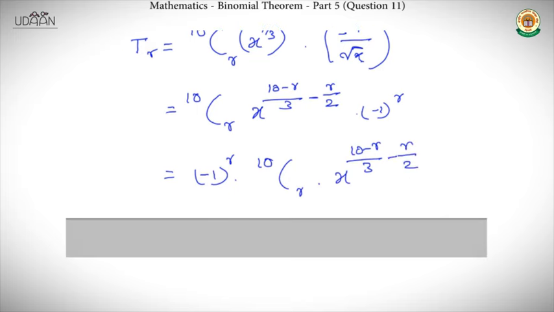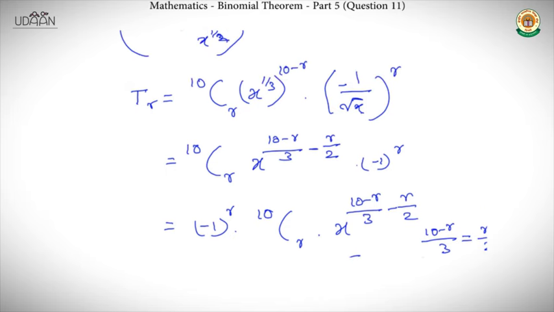Since we want the term independent of x, we set (10 minus r) by 3 equal to r by 2. So 20 minus 2r is equal to 3r, so r will be equal to 5.